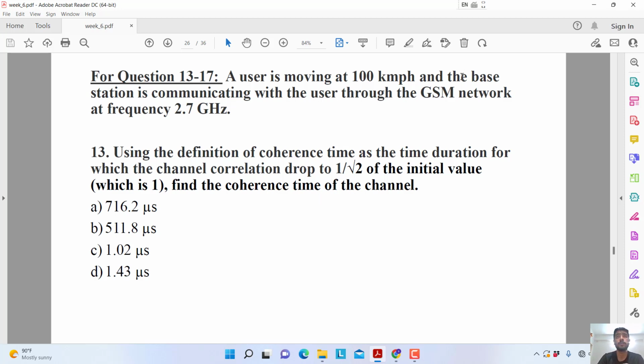The data given is V is 100 km per hour and frequency is 2.7 gigahertz. You have to calculate the coherence time of the channel. Please let me know the right answer. If anyone got the answer, can comment.